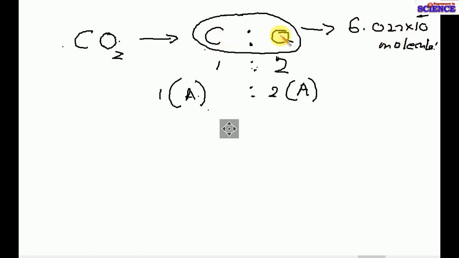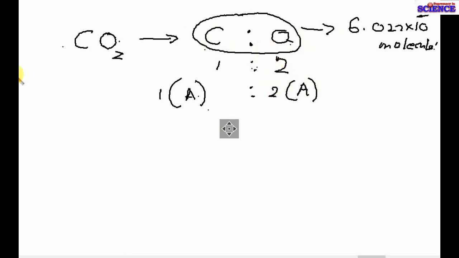If you have this many molecules here, there will be 1 times that many atoms of carbon in here. Similarly, if you have 2 oxygen atoms per molecule, you have twice that many atoms of oxygen to build up this whole amount of molecules. So you get the illustration like this, very simply, you can find it out.